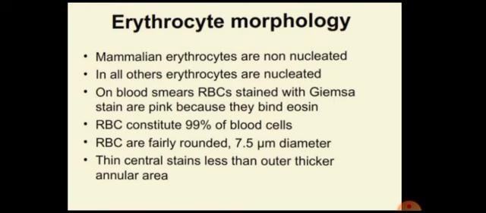In blood smears, RBC is stained with Giemsa stain and appears pink because it binds eosin, which is acidic. RBCs constitute 99% of blood cells. In blood, RBCs are found densely. RBCs are fairly round, 7.5 micrometer in diameter, with a thin central stain-less area and an outer thicker annular area.